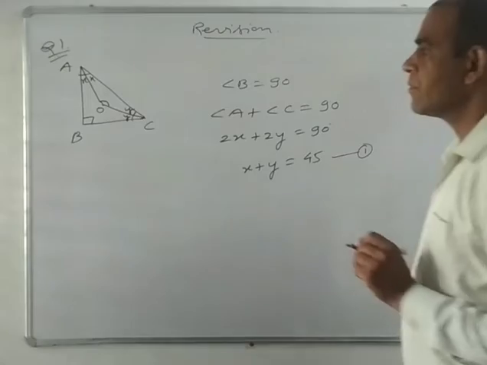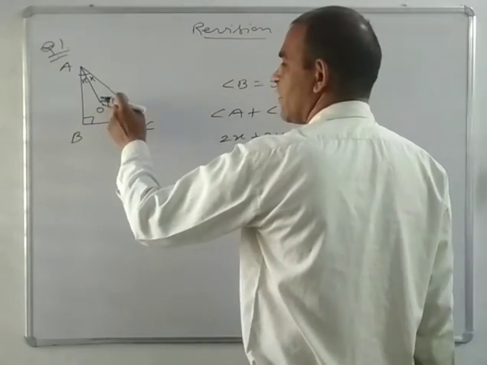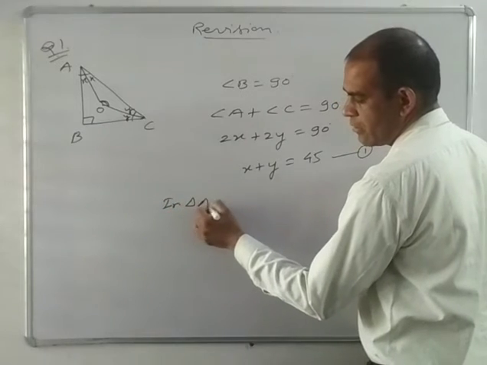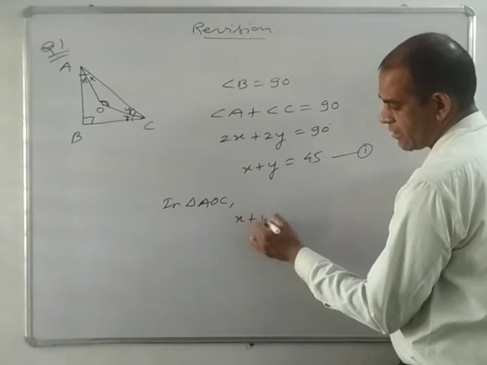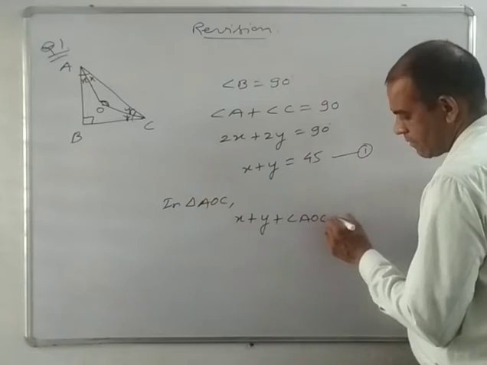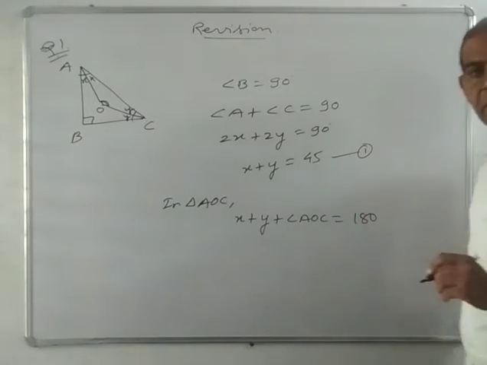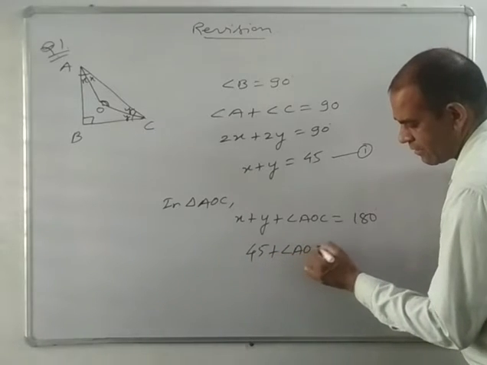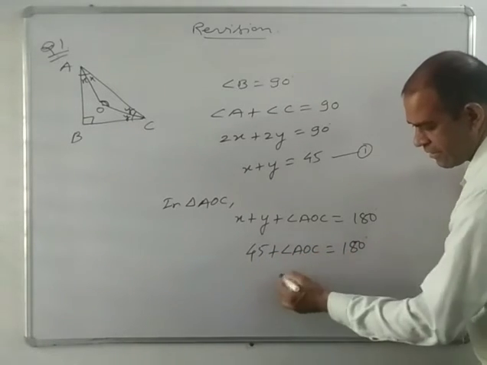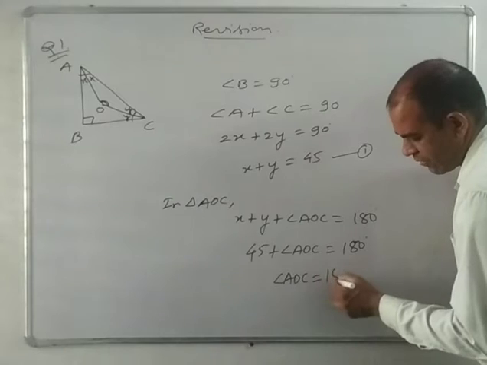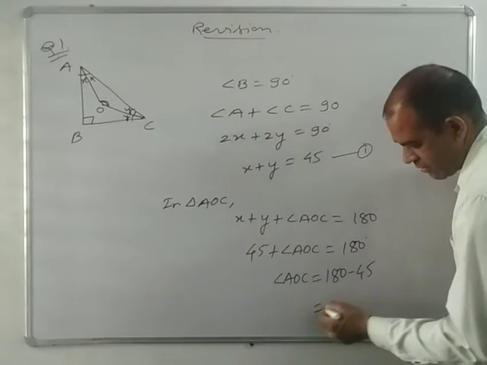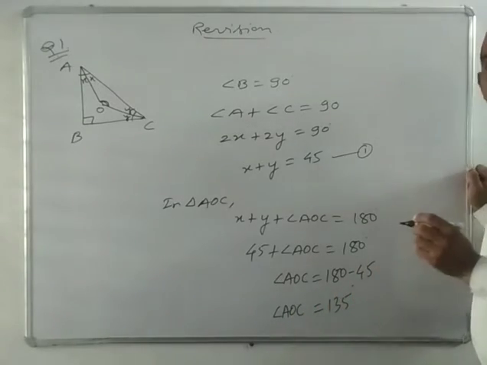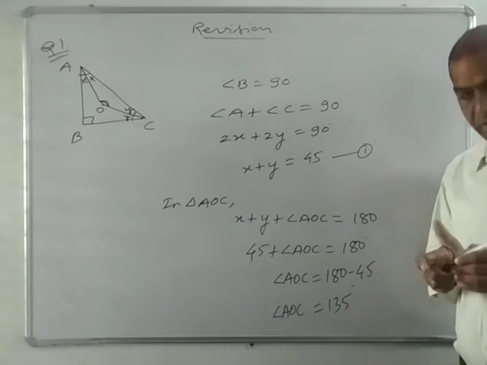Again, in triangle AOC, x plus y plus angle AOC equals 180 degrees. And x plus y is 45 degrees, so 45 plus angle AOC equals 180 degrees, and angle AOC equals 180 minus 45, that is 135 degrees. In both ways we can determine the angle AOC.